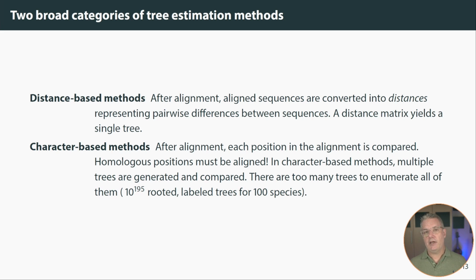And because of that, they can be slower. There are also far too many trees to enumerate all of them. So this is an example, 10 to the 195th trees for 100 species. So that's just way too many. And so in order to solve the problem using character-based methods, various forms of search, hill climbing, and so on are done. And we'll get into those in a later video.